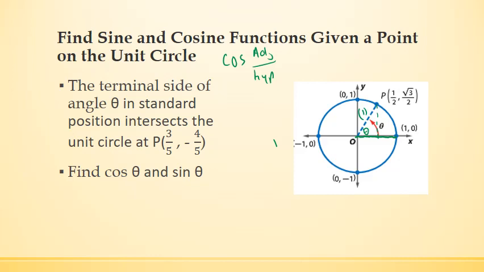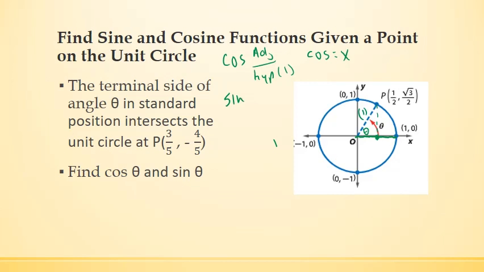And so if the hypotenuse on a unit circle is always going to be equal to 1, and the terminal side is lying on the x-axis, then the cosine is going to equal the value of x on the coordinate plane. Now think about the sine.